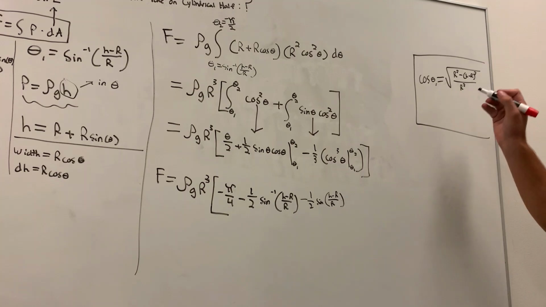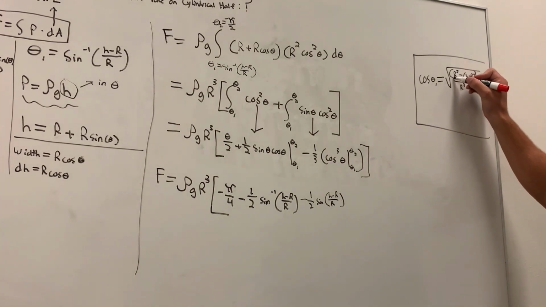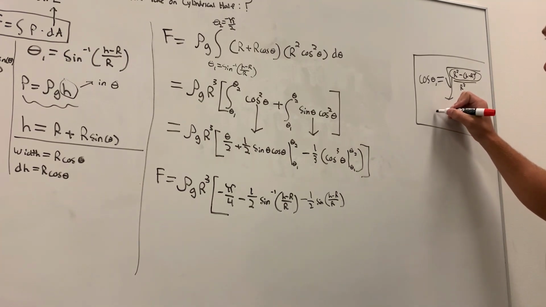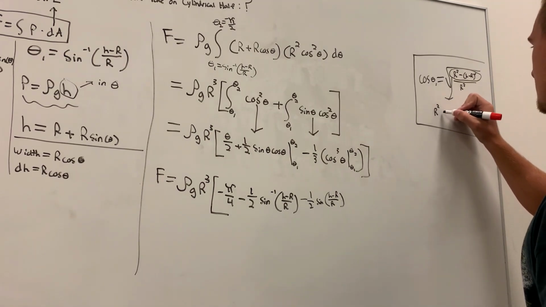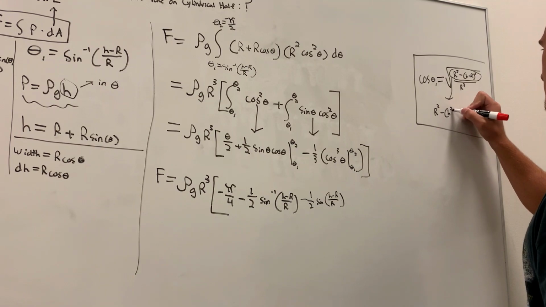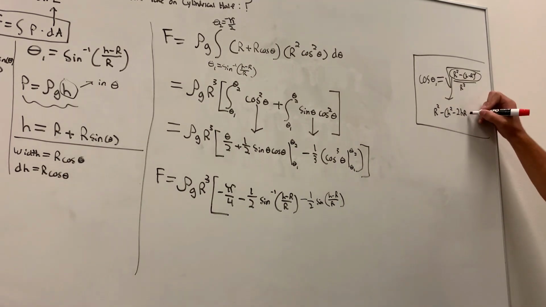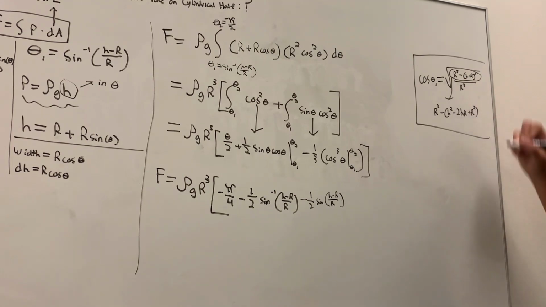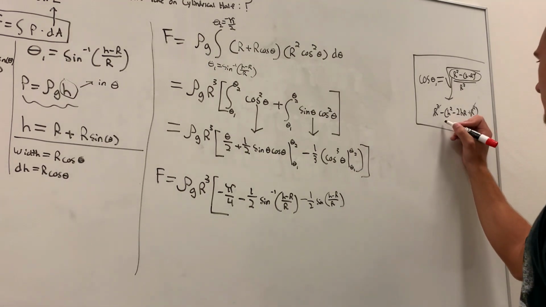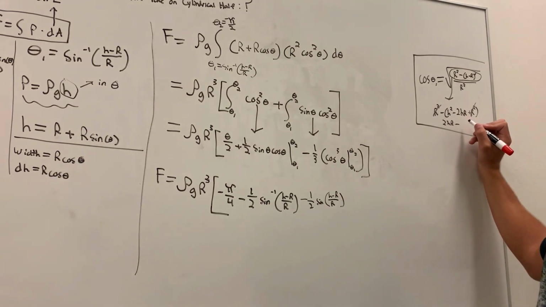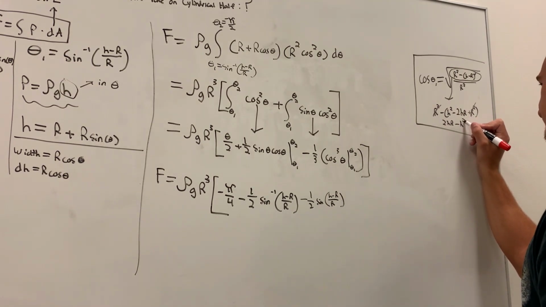We can go ahead and condense this numerator down a little bit more. So we have r squared minus h squared minus 2hr plus r squared. We see here that the r squareds cancel, and we are left with 2hr minus, because we have the negative on the outside, h squared.